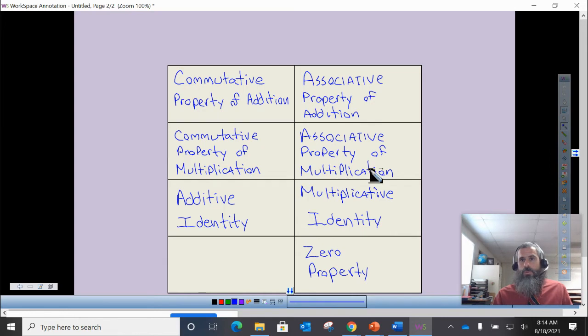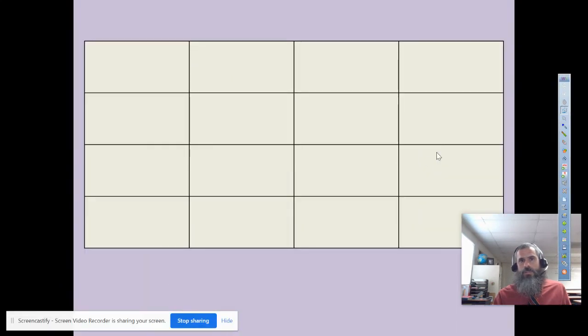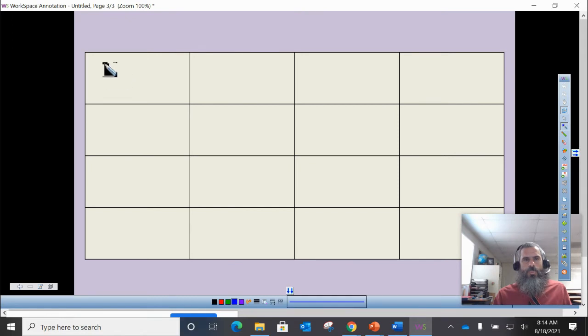Now, when you open the doors up, it's going to look like this. So behind this door right here, it says commutative property of addition. So we're going to put an example of what that looks like. The commutative property of addition says that if everything is added, I'm allowed to change the order so that I put different numbers together, and it's still going to make the same answer. 3 plus 2 is 5, plus 7 is 12. 7 plus 3 is 10, plus 2 is 12.